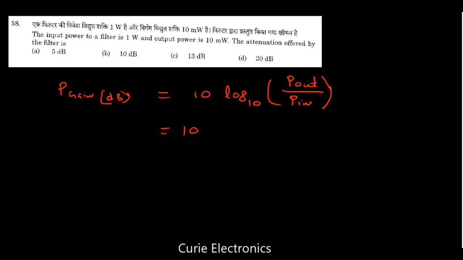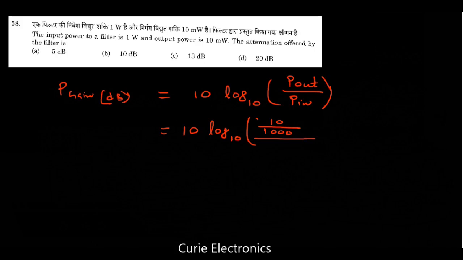Now, log to the base 10. What is the P out he has given? Input to the filter is 1 watt, and the output power is 10 milliwatt. So we will write it in watt: 10 upon 1000, dividing by 1000 converts milliwatt to watt.